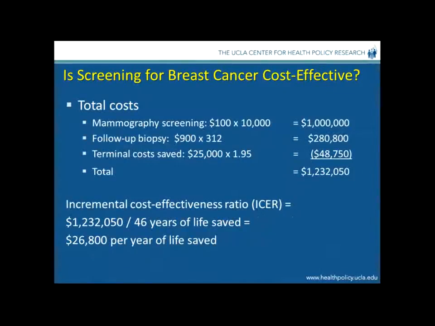Well, total cost, the mammography screening, $1 million for the 10,000. Follow-up diagnostics, $280,800, and then savings related to lives saved, subtracted from the total cost. And the ICER in this case is $26,800 per year of life saved. And so by most common standards, this would be considered to be a cost-effective intervention.